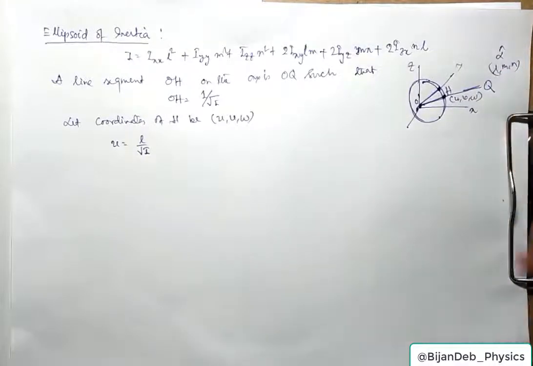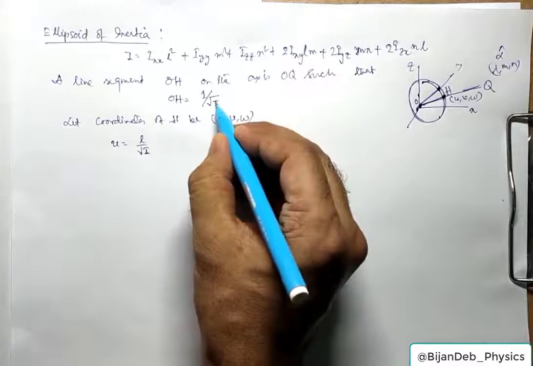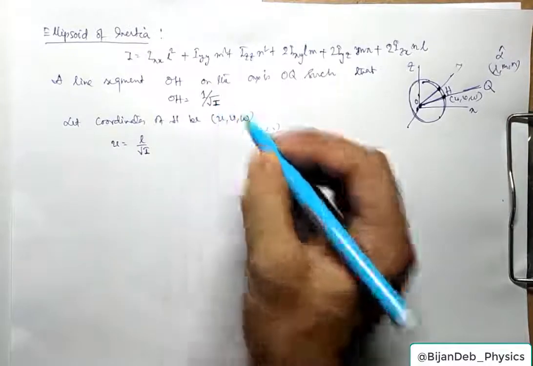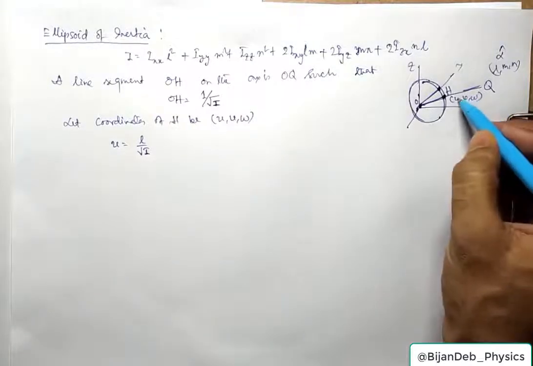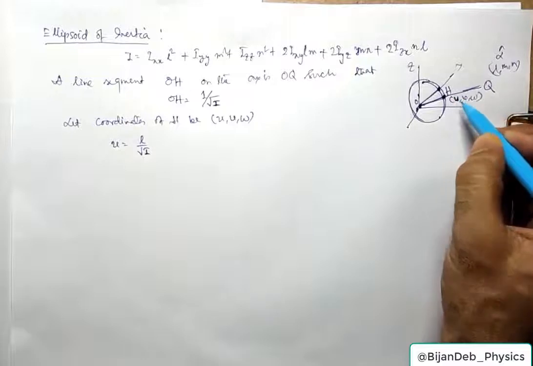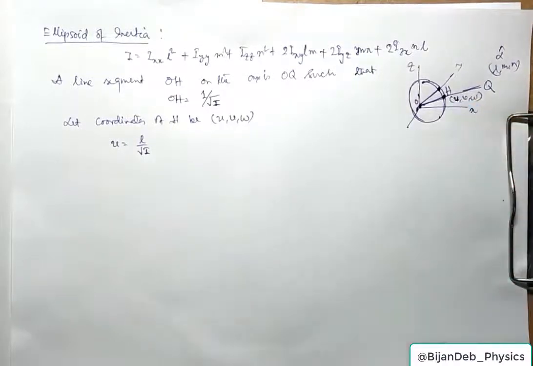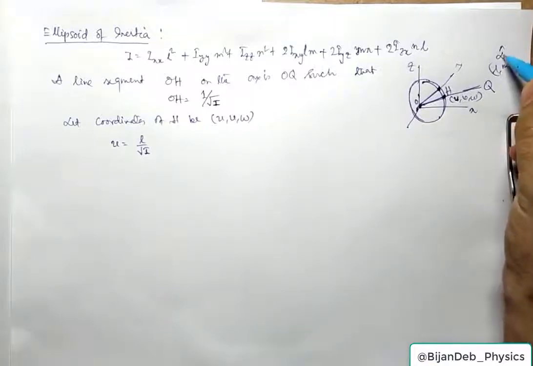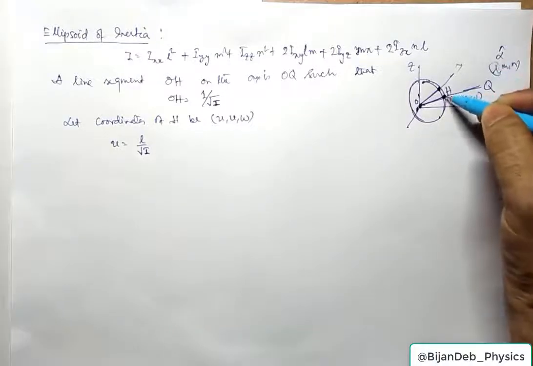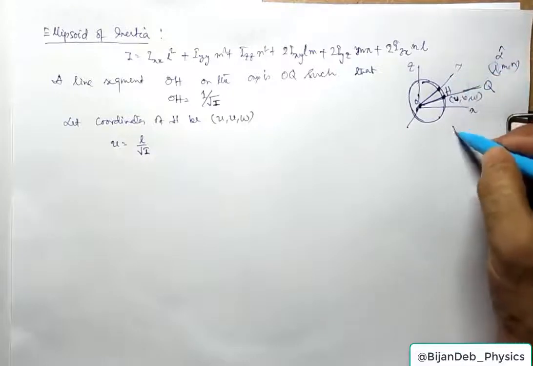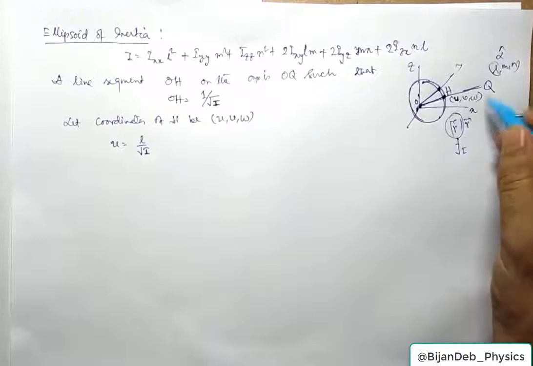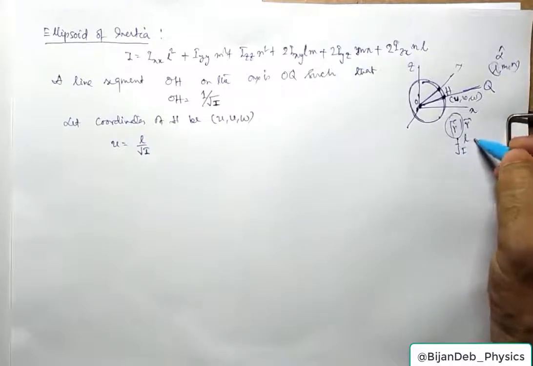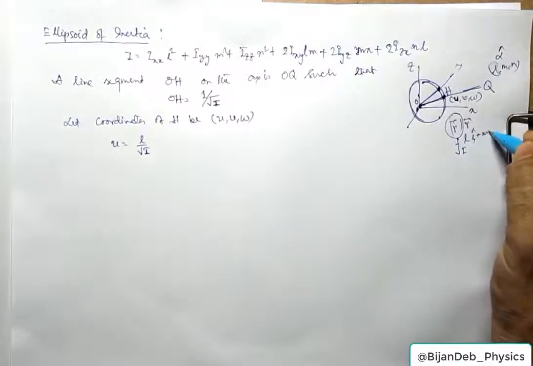So the unit vector has this magnitude. So the r vector has magnitude 1 by root I, and its direction is l i cap plus m j cap plus n k cap.